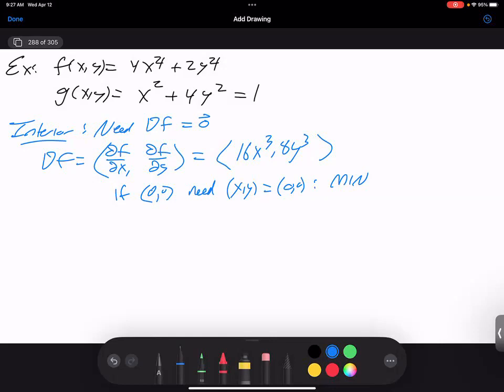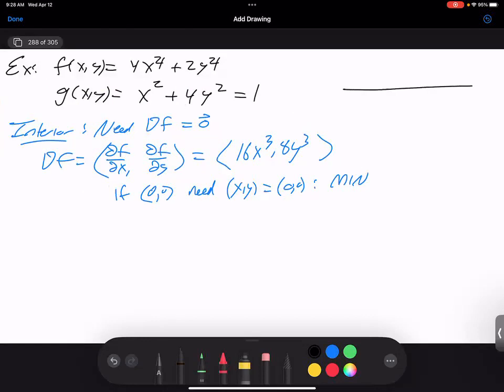Now I need to try to find the maximum. Does anybody have any guesses where the maximum is going to be? Well, we're now on g of x, y is x squared plus 4y squared. We have to try to figure out what values of x and y are going to give us a maximum.